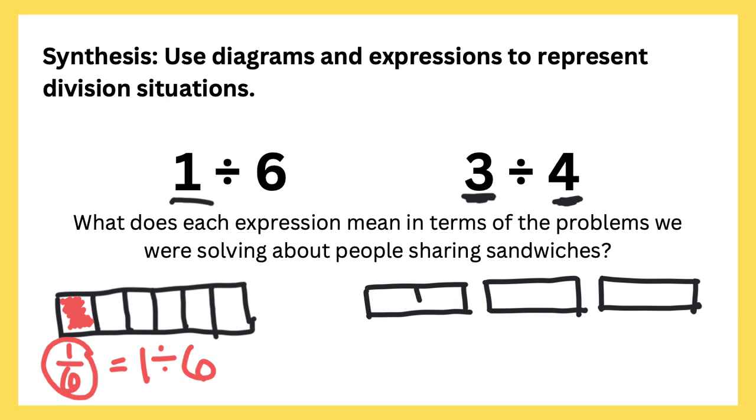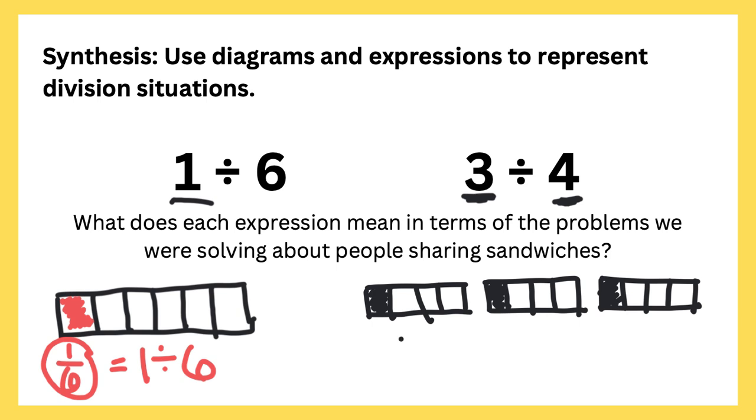So I'm going to go ahead and partition so that each sandwich, and I know I messed up a little bit there, each sandwich is broken into 4 equal parts because there's 4 people sharing the 3 sandwiches. So we have 1, 2, and 3.